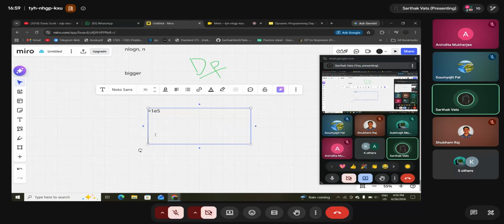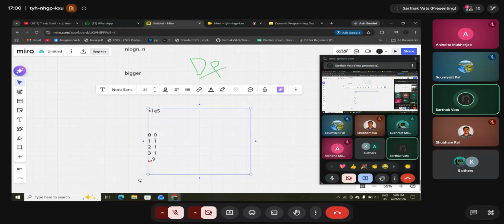So what I can do is, suppose my original number is 0, then it's going to take 0 steps. If my number is 1, it's going to take 1 step. If my number is 2, it's still 1 step. If it's 3, still 1 step. So basically till 9, it is going to remain the same.